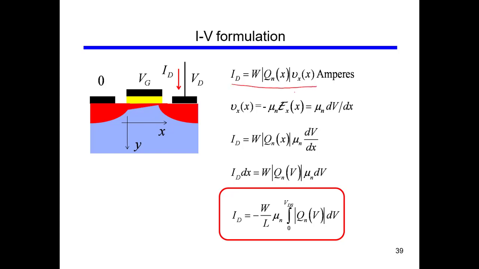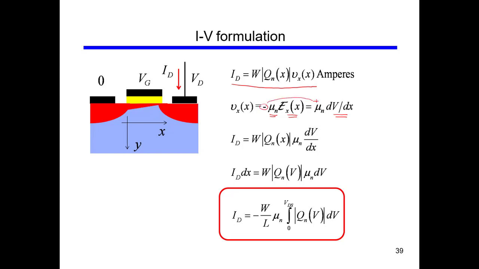It is charge times velocity times the width of the channel, and we know that the velocity is mobility times the electric field, and we also know that the electric field is the slope of potential. Okay, and that they both have opposite signs.